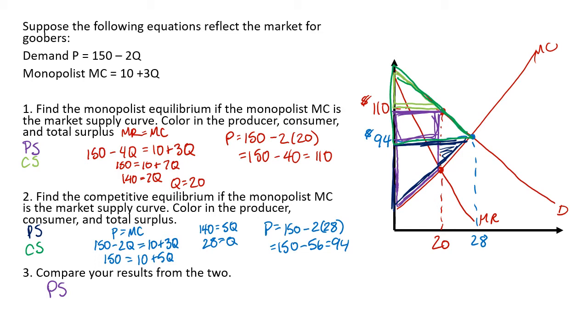However, because they could pick any possible point on the demand curve, it must be the case that the producer surplus is better off up here than it is down here, because then they would have just chosen that point. So producer surplus is higher for a monopoly.